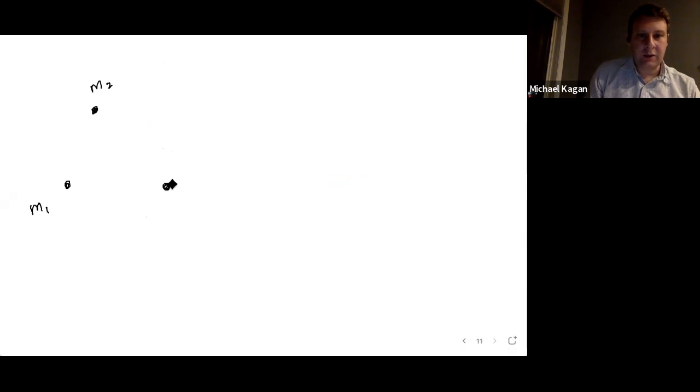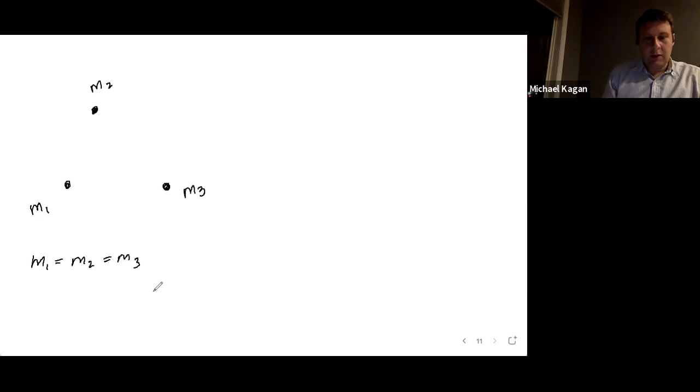These are totally arbitrary triangle, arbitrary sides. It's not equilateral in any way. So say M1 is the same as M2, M3. Let's say M, but the sides are arbitrary. Where is the center of mass?